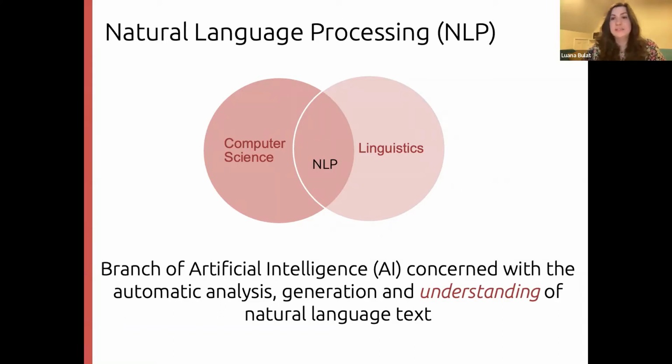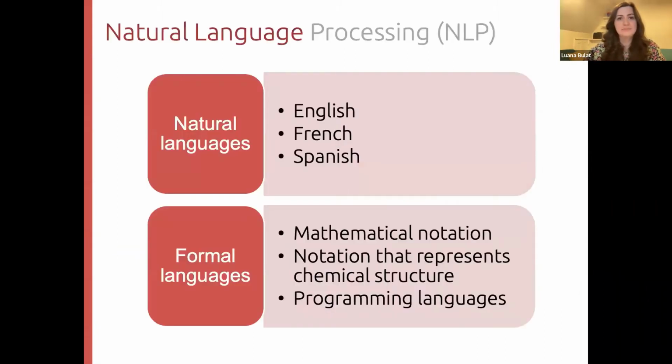This is an interdisciplinary field which lies at the intersection of computer science and linguistics, and sometimes is referred to as computational linguistics. It is a branch of artificial intelligence that deals with the ability of computers to understand human language. And it is currently heavily driven by advances in machine learning and also computational capabilities.